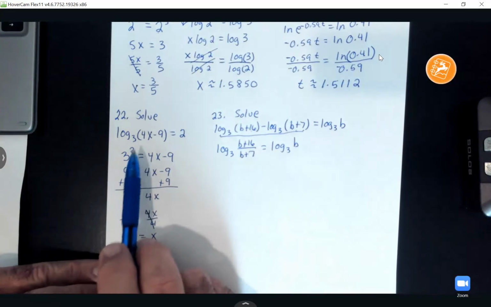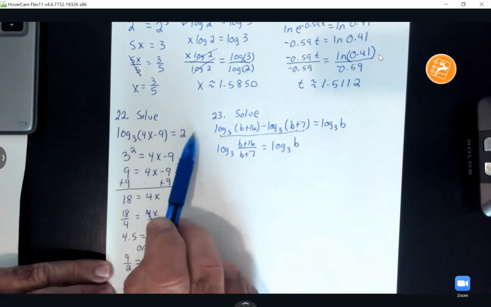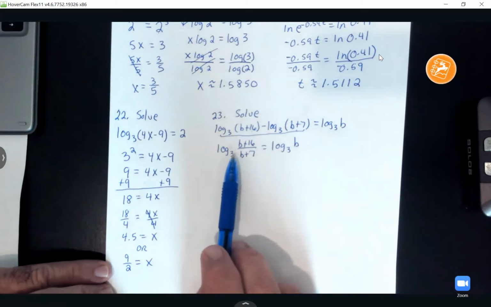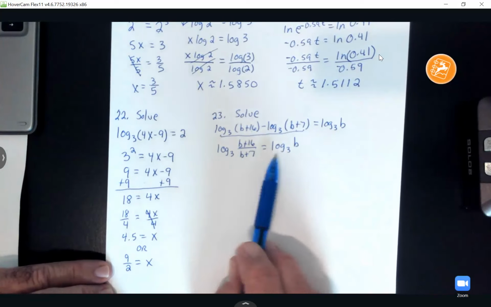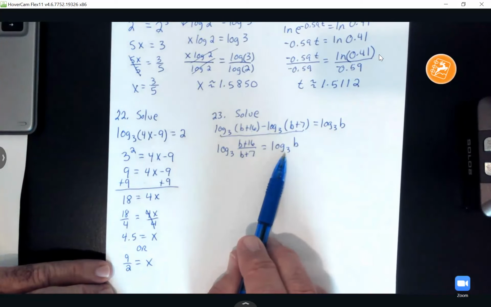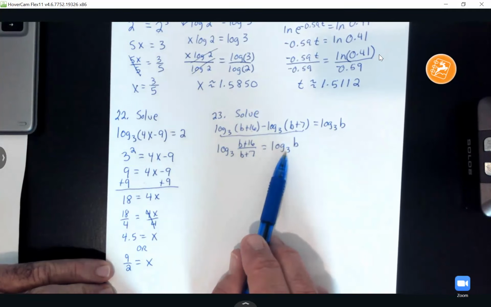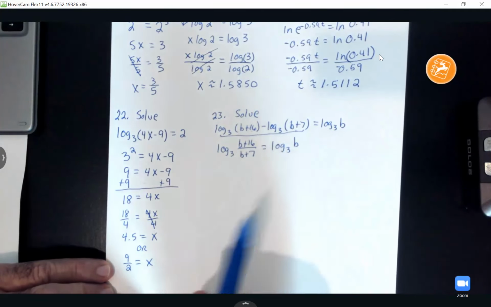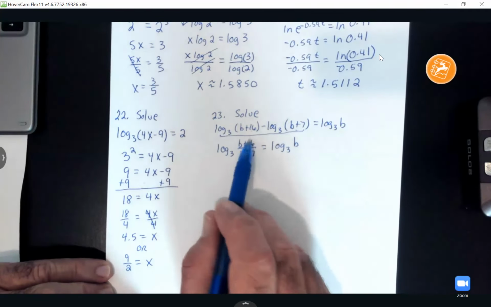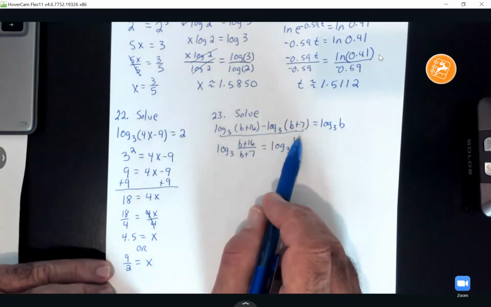Now notice the difference up here. I had a log on one side and just a number. This one has a log on the left side and a log on the right side. And we had another property that said if the log base on one side equal the log base on the other side, that means that this result equals that result.